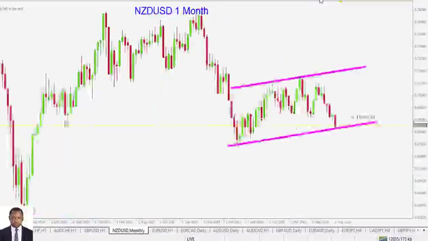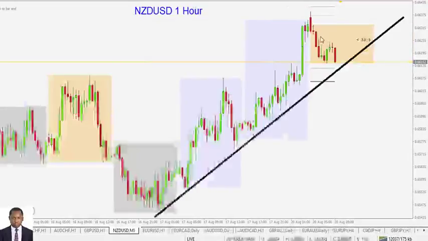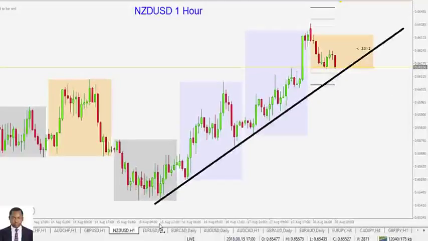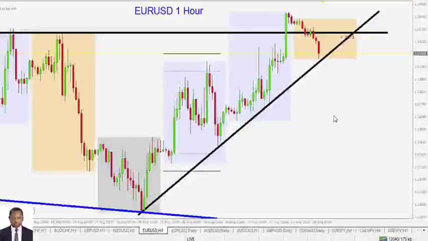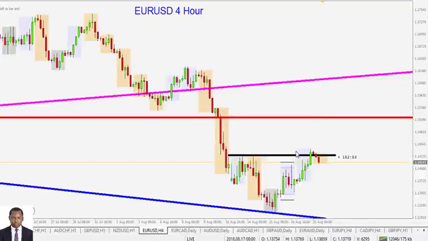We expect some hesitation. Okay. The euro against the American dollar, the same thing. You should be expecting some hesitation.